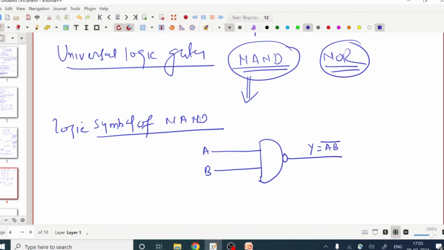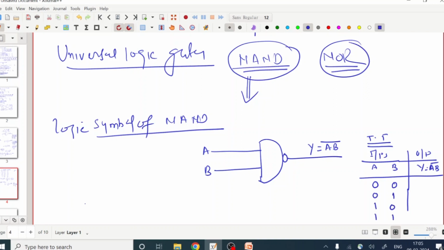What is the truth table? The truth table of NAND gate has the inputs A and B, and the output Y equals AB complement. Since two variables are there, there are four possible combinations: 0 0, 0 1, 1 0, 1 1.